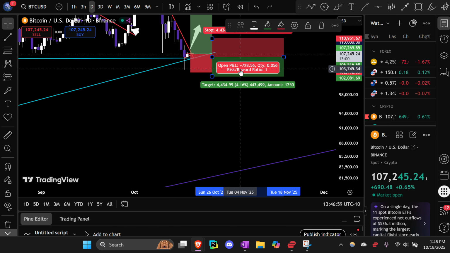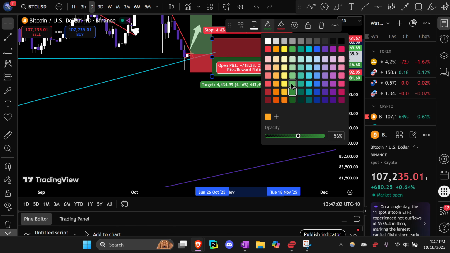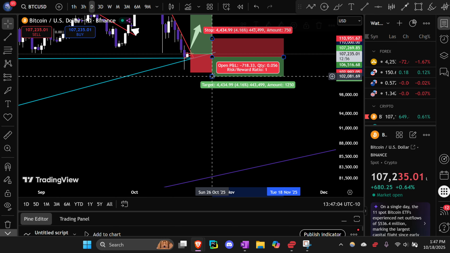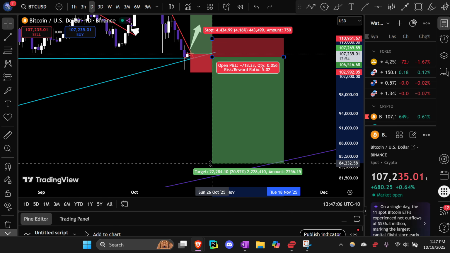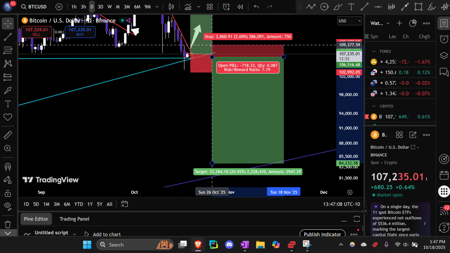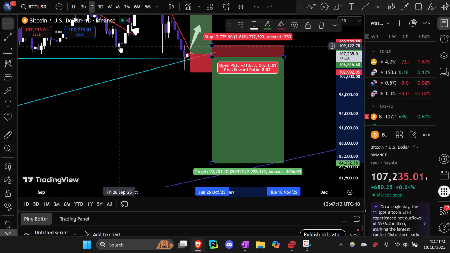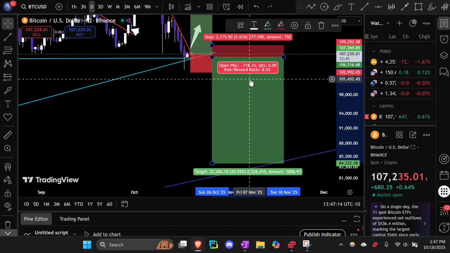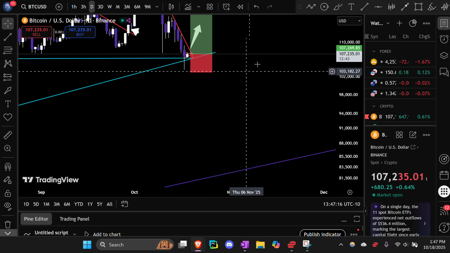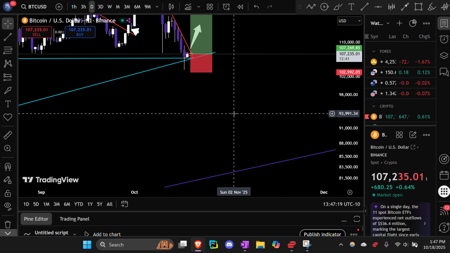Let me change that green to a lighter one. I want to sell there, go down to this purple line, and put my stop loss up here where these bodies are touching, whatever. So that's options. You're not going to take every trade though, just because there's an option.